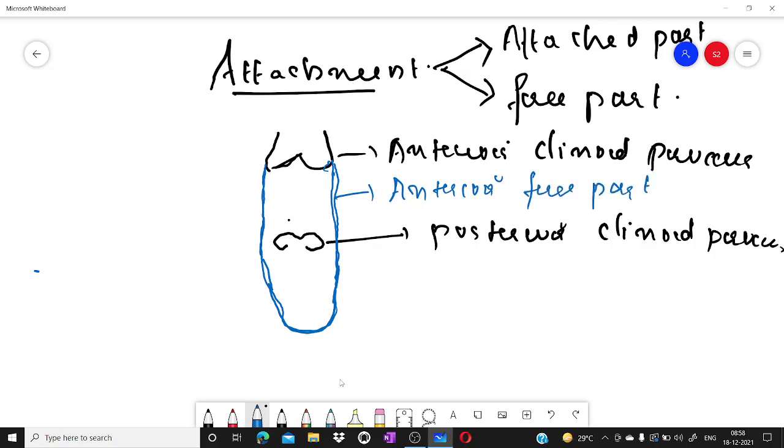Now the Tentorium cerebellae also has an attached part. The attached part is attached to some structures here.